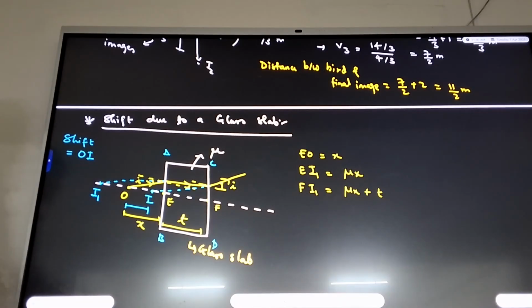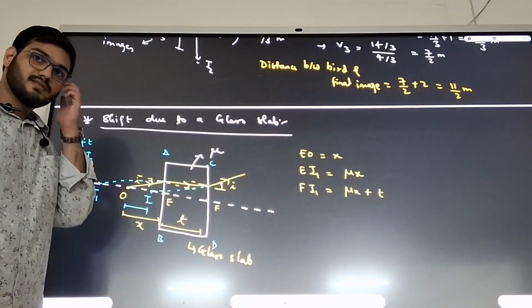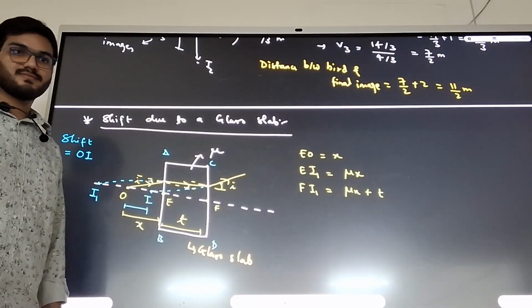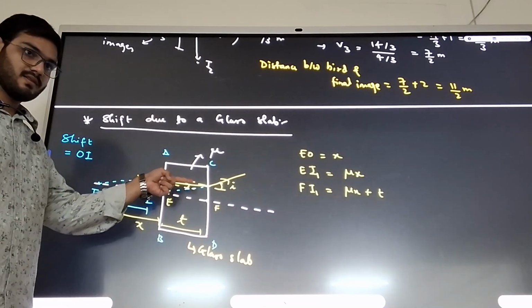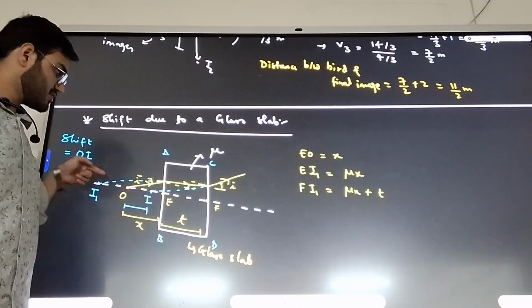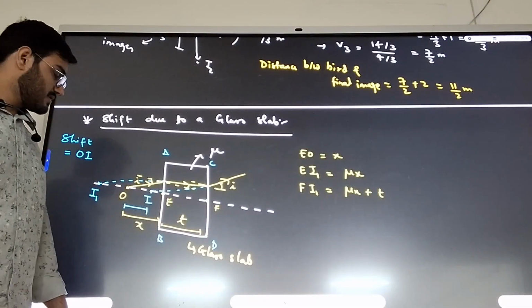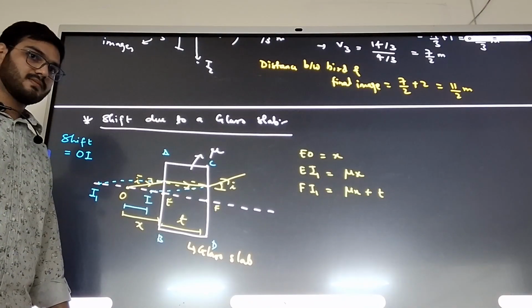Should I multiply by mu or divide by mu? Look at the rays, don't look at the object. Divide by mu. For a virtual object, the rays are coming toward the object, so case 4, divide by mu.